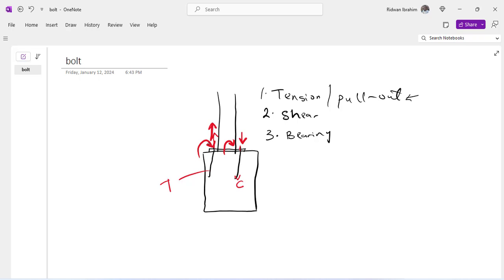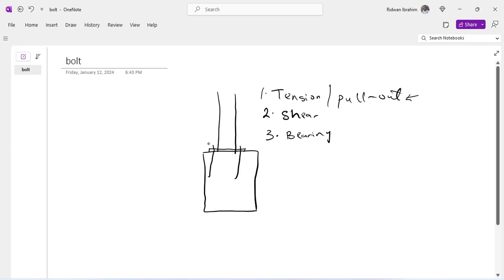When you have that kind of failure, that is a pull out, because the bolt at this position is already pulling out. So you can say pull out, or you say tension. Basically it is the moment that will cause pull out, and this is why we calculated our moment in the previous episode, because the moment is what causes pull out in this case.